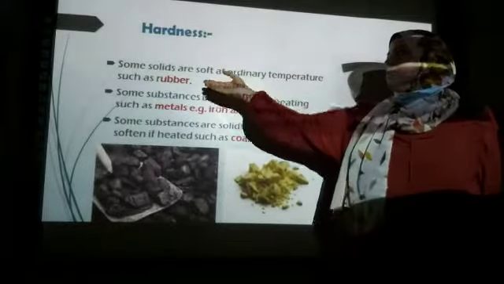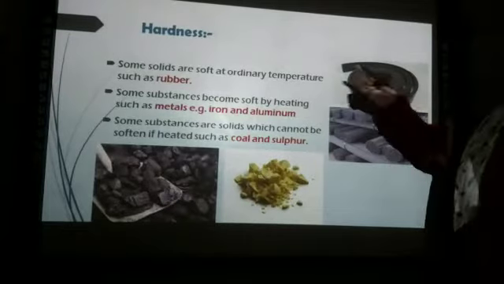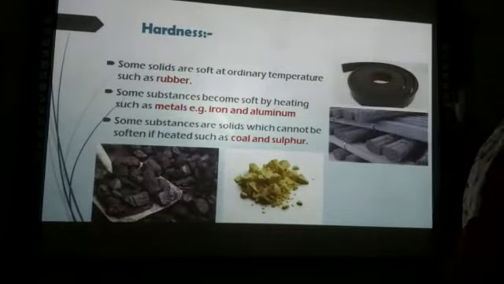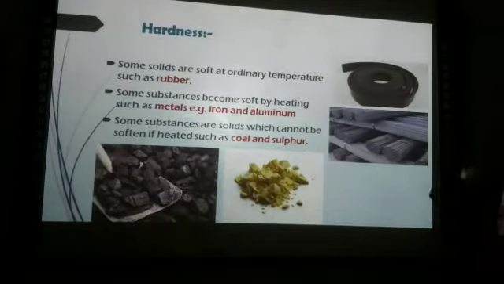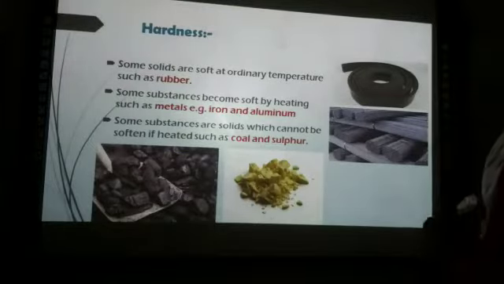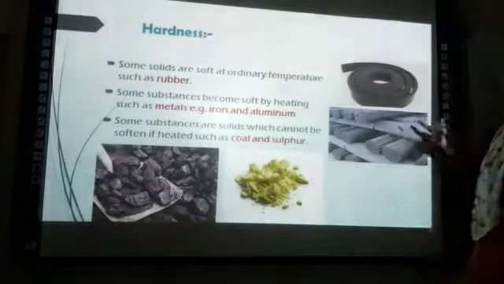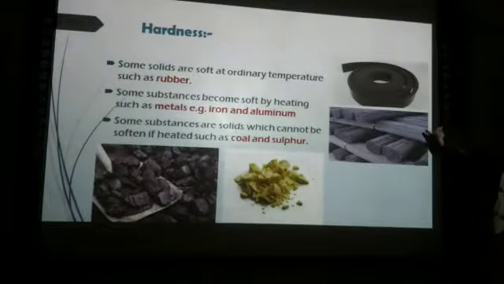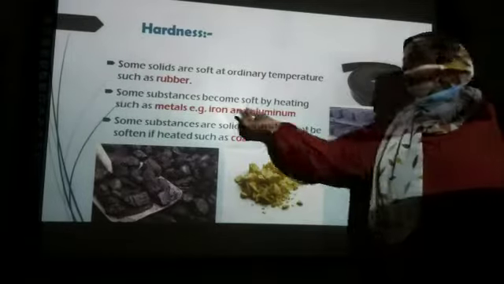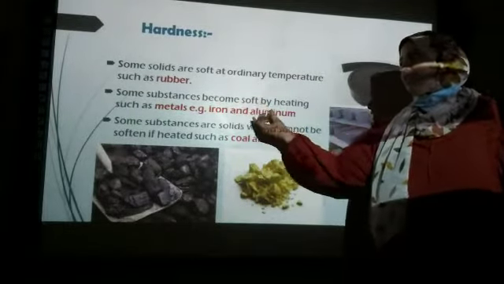Hardness. Some solids are soft at ordinary temperature, such as rubber. And other substances become soft by heating, such as what? Such as metals: iron and aluminum will be soft by heating.